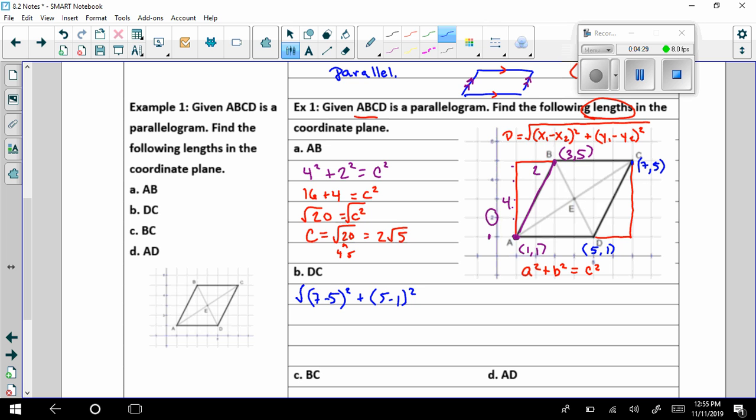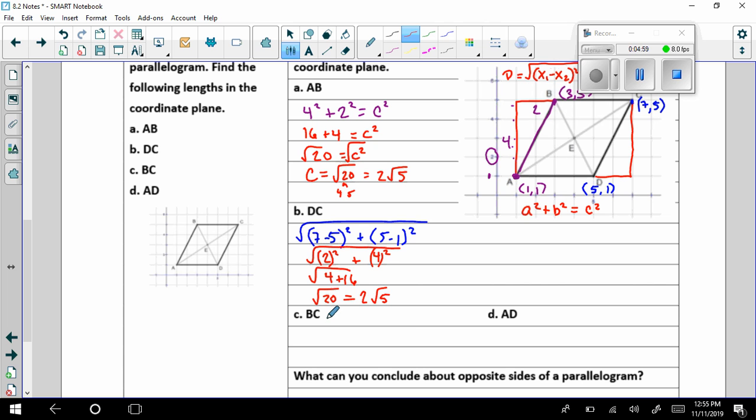And the square root of that will give me the distance of this line. So I have 2 squared plus 4 squared. These should really be in parentheses, just good habit. You can see where the similarities are starting to come in here. So we have 4 plus 16, the square root of 20, which, as we saw above, is 2 root 5. So AB and DC are the same lengths.